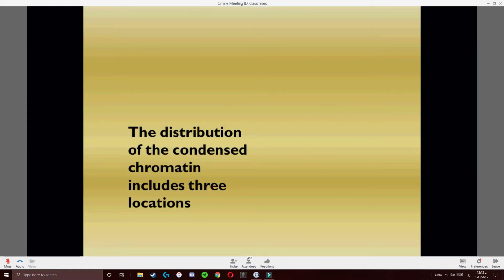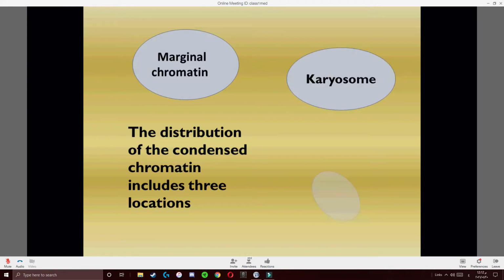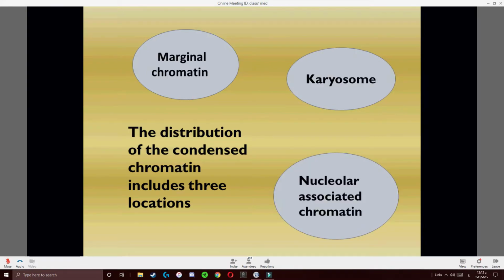Distribution of condensed chromatin includes 3 locations. نلاحظ توزيع الكوندنس كروماتين اللي هو نقصد به الهيتروكروماتين يتوزع ب3 مناطق في النيوكليوس اللي هي marginal chromatin, karyosome, and nuclear associated chromatin.